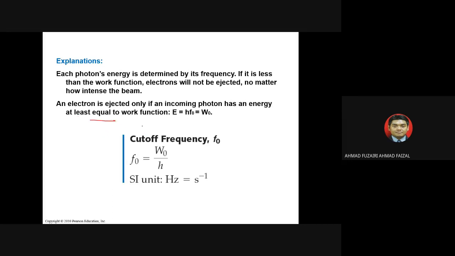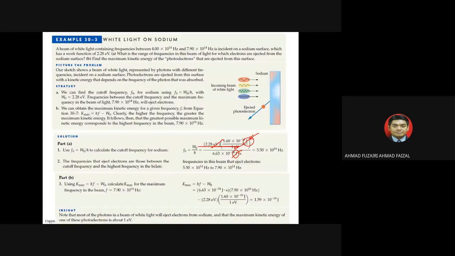So the incoming frequency f should be equal to f naught, or f should be greater than f naught. This f is the incoming photon, and this is the cut-off frequency. You can calculate the cut-off frequency by dividing the work function by Planck's constant, and then you will get the frequency.